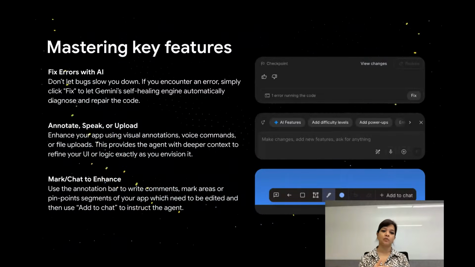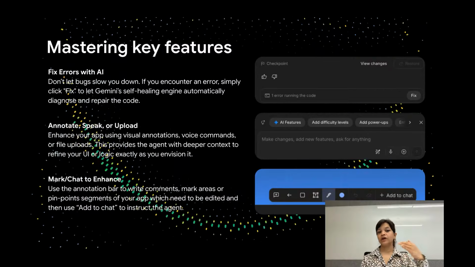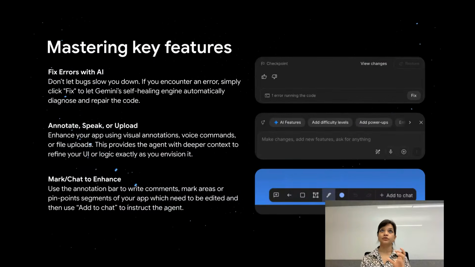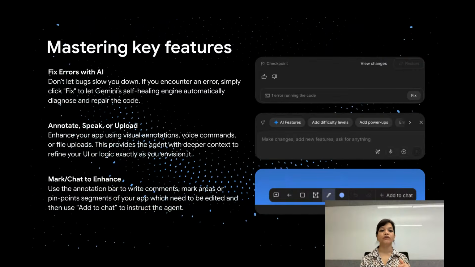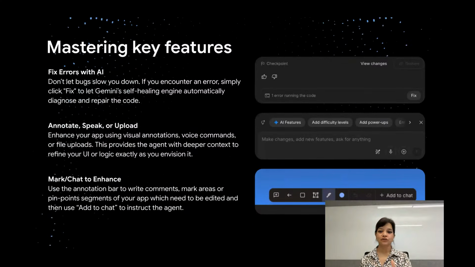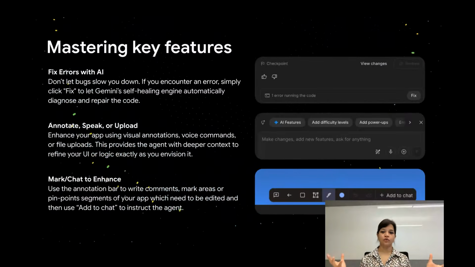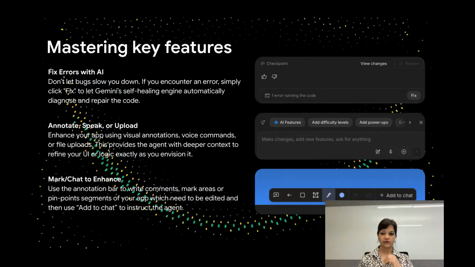It diagnoses and repairs the code. And then the annotate, speaker, upload options are to enhance your app using visual annotations, voice commands, or file uploads. So this provides the agent with deeper context to refine your interface, your application, or functionality or logic the way you envision it progressively.